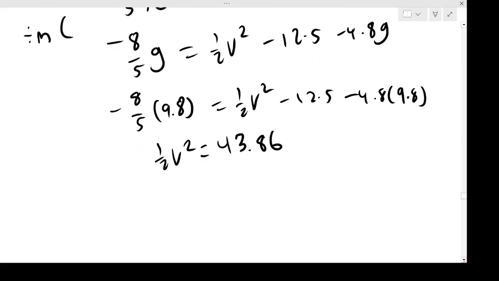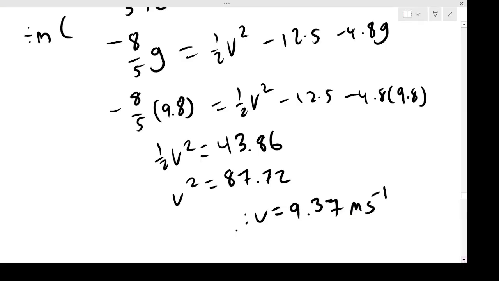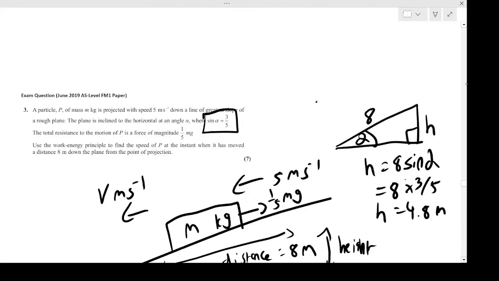So therefore v squared, times by 2, is 87.72. Therefore v, if I root that, I get 9.37 meters per second, and that is my value. 9.37. There we are. Cool.